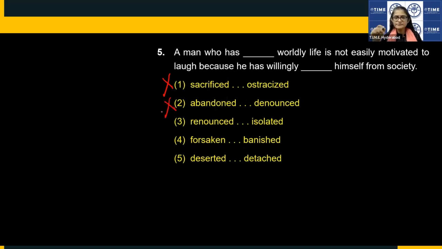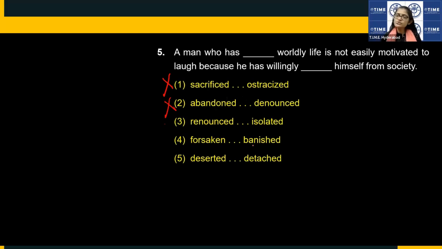Does not make sense. A man who has renounced worldly life, renounce is to give up, abandon, and he has willingly isolated himself from society, makes sense, right? He has cut himself off from society. Who has forsaken worldly life is also okay, given up worldly life. He has willingly banished himself from society. Again, to banish, the word ban comes from banish.